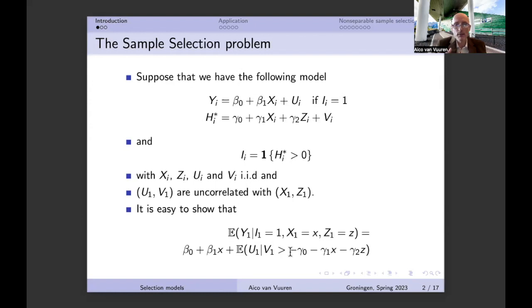What happens, for example, if you're not going to look at the subsample that is very likely to work, but suppose that we look at a subsample of individuals that is very unlikely to work? For example, again, looking at individuals that are in the labor market or not, we can think of women instead of men.